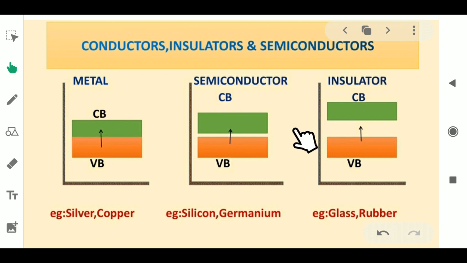Even if you apply this external potential to the insulator, the electrons try to jump from the valence band, but they do not reach the conduction band. Means the electrons cannot move towards the conduction band.